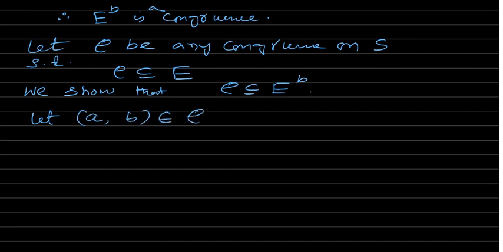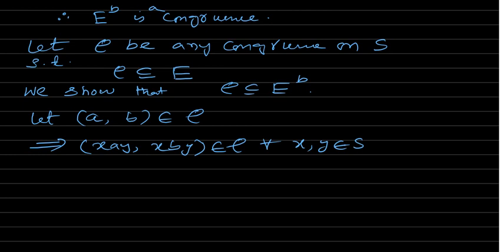So this means (a, b) is also in E. Since rho is a congruence, by its left and right compatibility, (xay, xby) belongs to rho for all x, y in S1, because rho is left and right compatible.